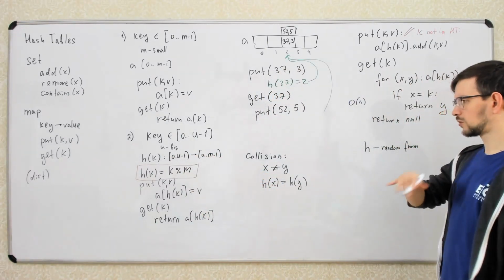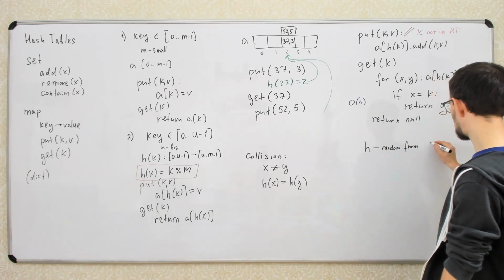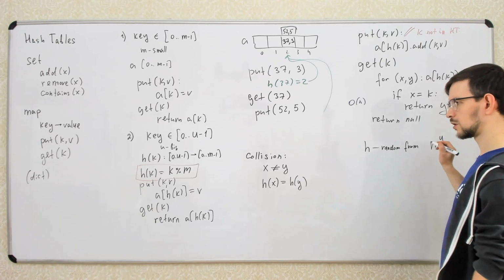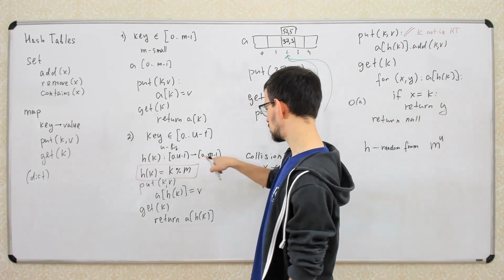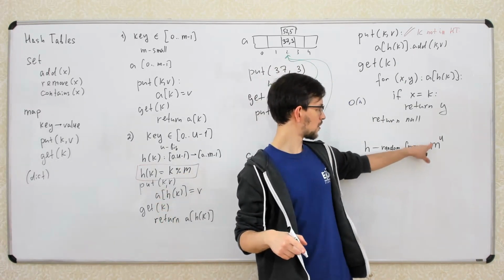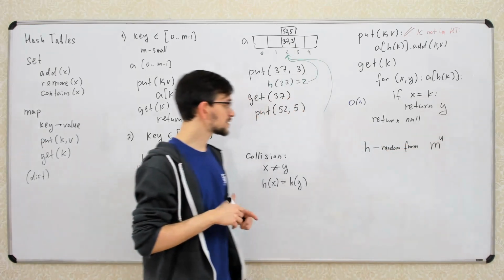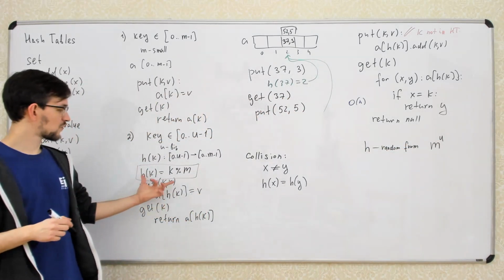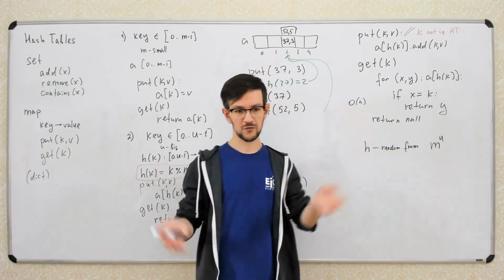So we use all possible hash functions. What is the number of hash functions? We have m power u possible functions, right? So we have u values each from a range of m. So let's say we just generate some function randomly from the whole set of all possible functions.